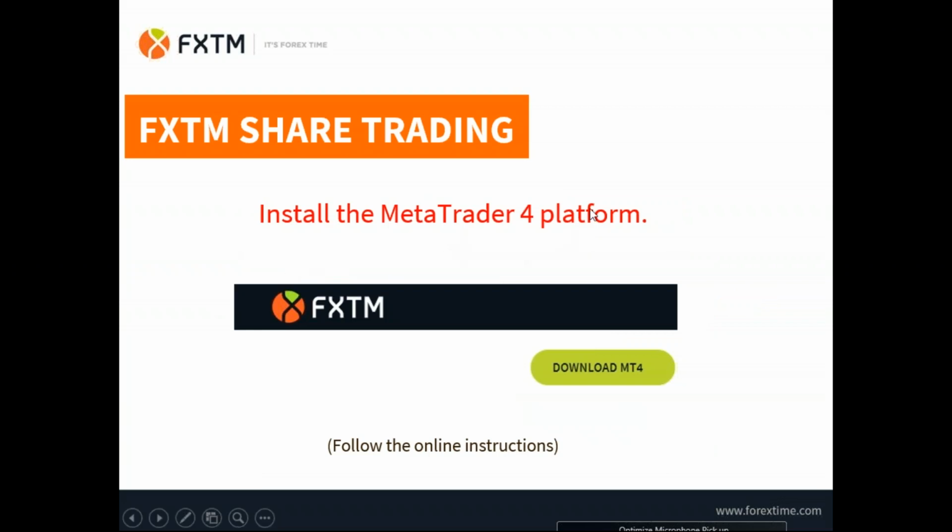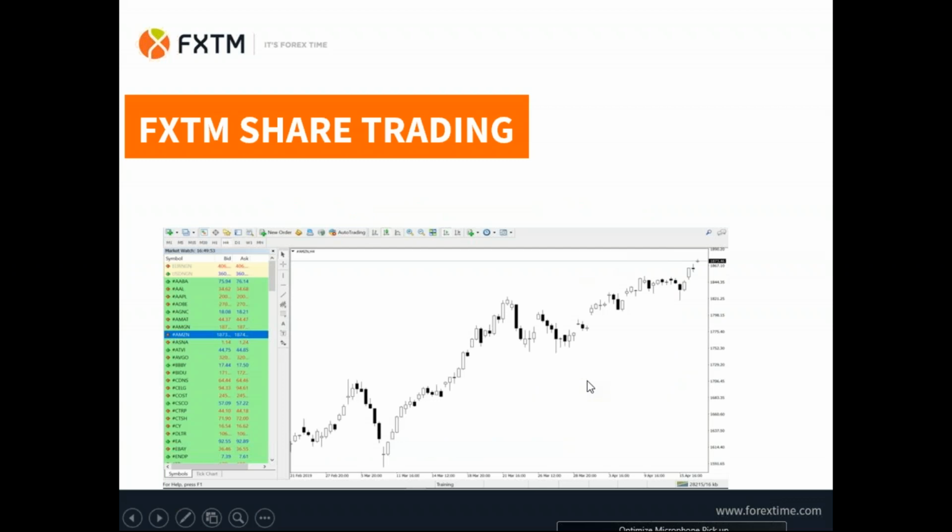Next is to install the MetaTrader 4 platform. This is pretty simple as well. You need to go through the details, and then you will be able to see this. By the way, the server that you need to choose is FXTM standard. For the FXTM Shares account, the server you need to select in MT4 is MT4 Forex Time standard account.